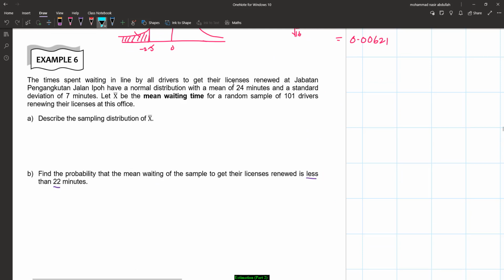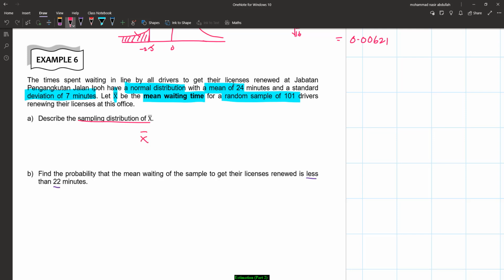The time spent waiting in line by all drivers to get their license renewed at Jabatan Pengangkutan Ipoh has a normal distribution with mean equal to 24 and standard deviation equal to 7. Let x bar be the mean waiting time of a random sample of 101 drivers renewing their license at this office. Describe the sampling distribution of x bar.